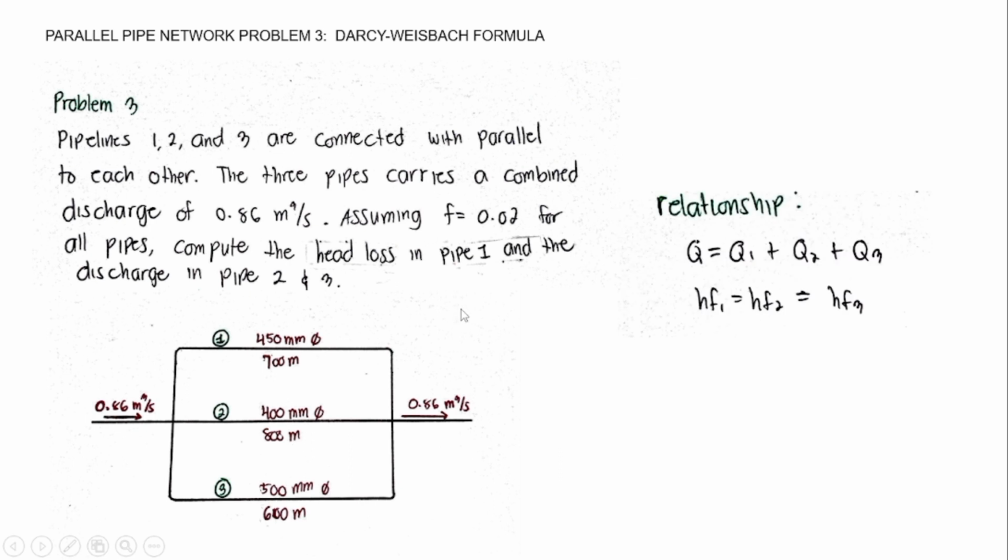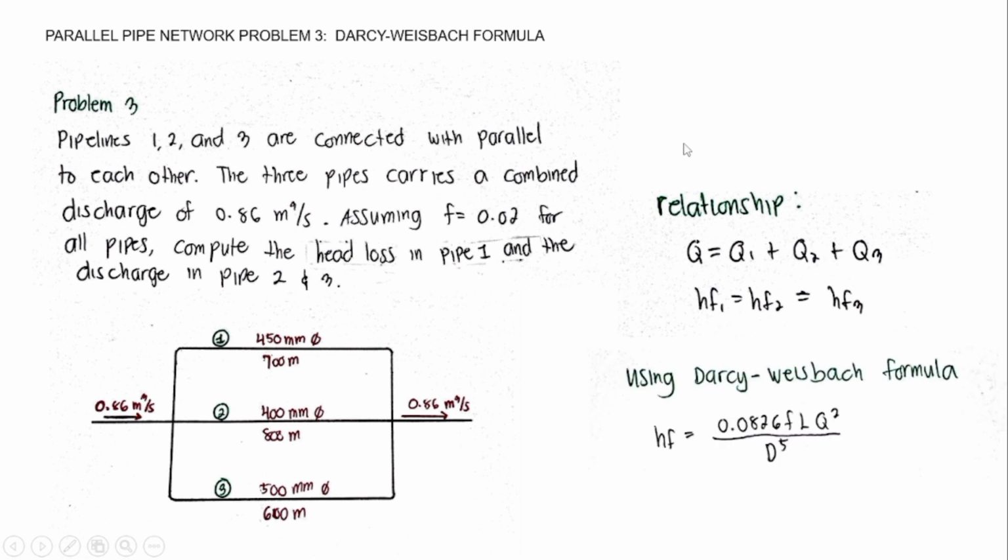So the relationship between pipes 1, 2, and 3 and the discharge: the total discharge is equal to the discharge in pipe 1 plus the discharge in pipe 2 plus the discharge in pipe 3. And the major head loss in pipes 1, 2, and 3 are also equal.